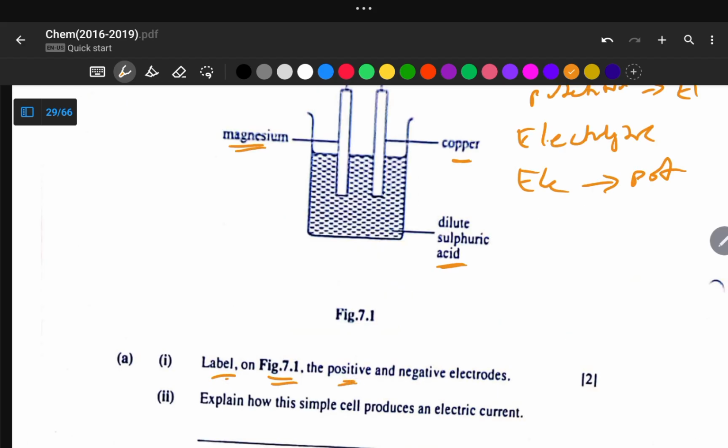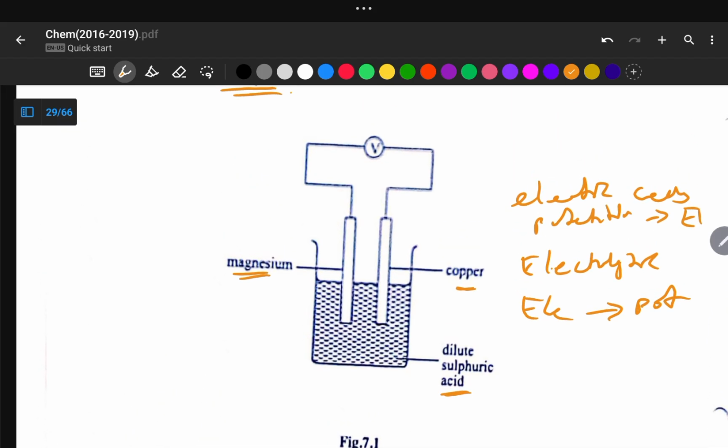Label the positive and the negative electrodes, right? So magnesium is more reactive than copper, right? From the reactivity series, meaning to say it is going to have the high concentration of electrons. It is going to lose electrons since it has the highest concentration of electrons, right? So this one is going to be our negative electrode.